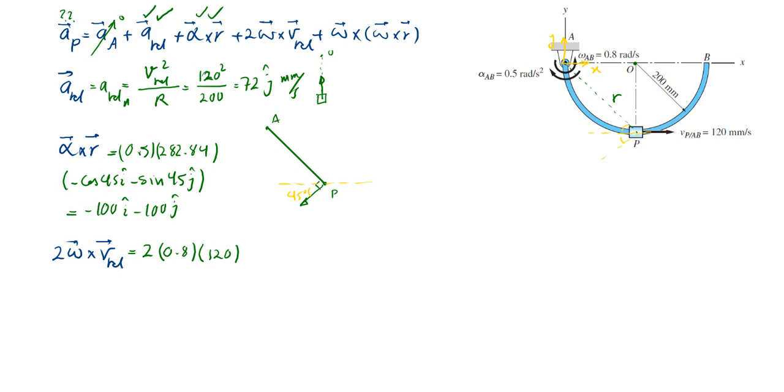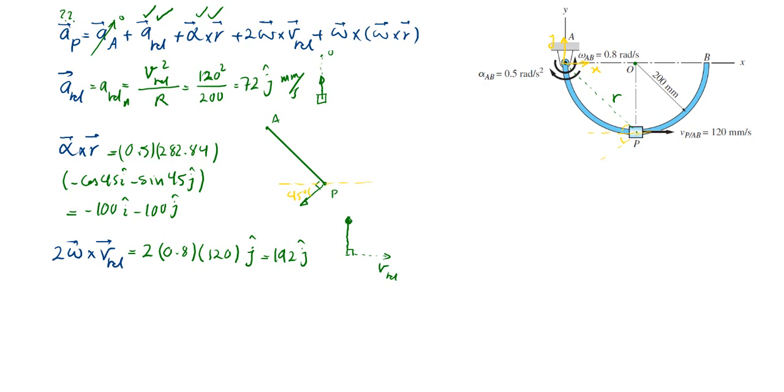So it's perpendicular to V relative, which means it's in the j direction. This gives you 192 in the j direction.